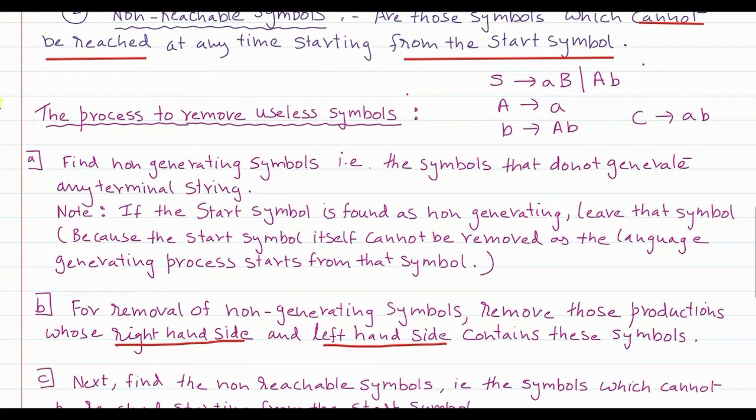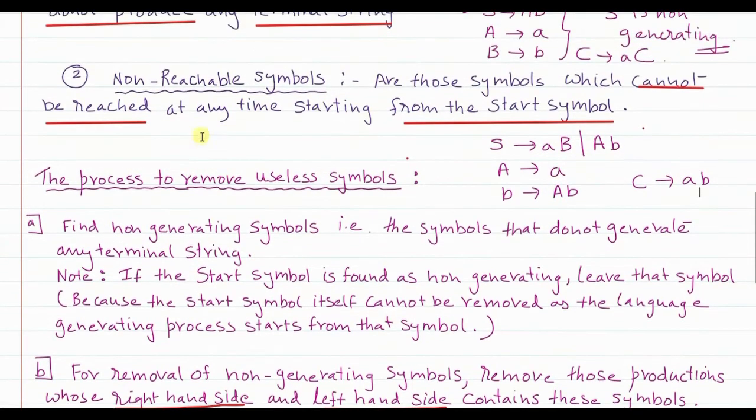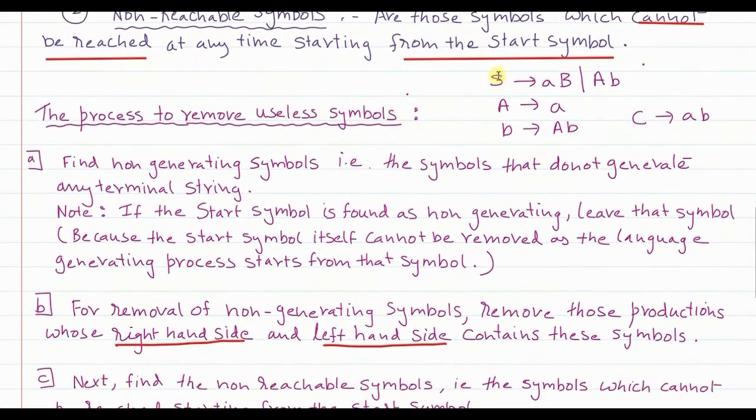Now when you consider these four productions, 1, 2, 3, 4, what is non-reachable? You see, from start symbol S is able to replace itself with small a capital B. I'm sorry, here it should be capital B, not small b.